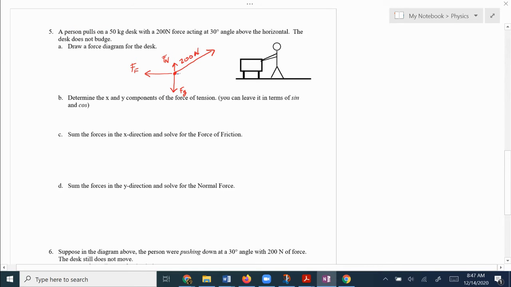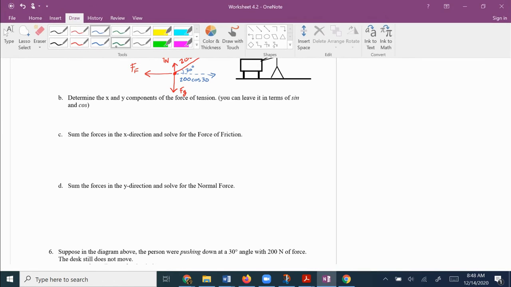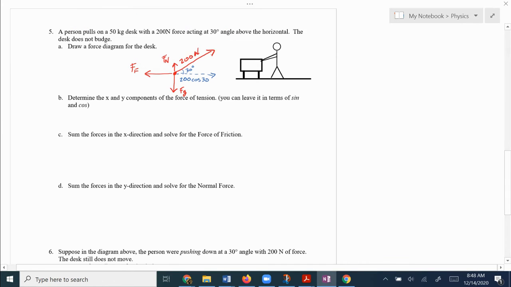So we got our x component here. We're going to break that part into the x component. Just while I'm here, that's 200. That's 30 degrees. So that's 200 cosine of 30. And we got our vertical component, 200 sine 30.